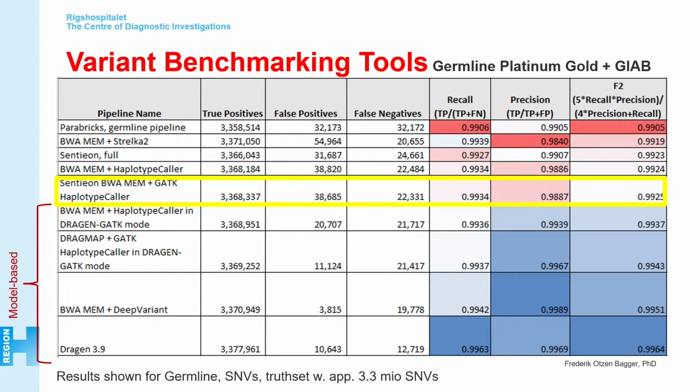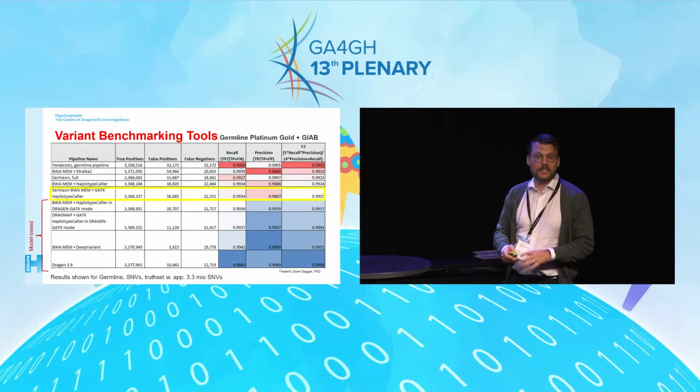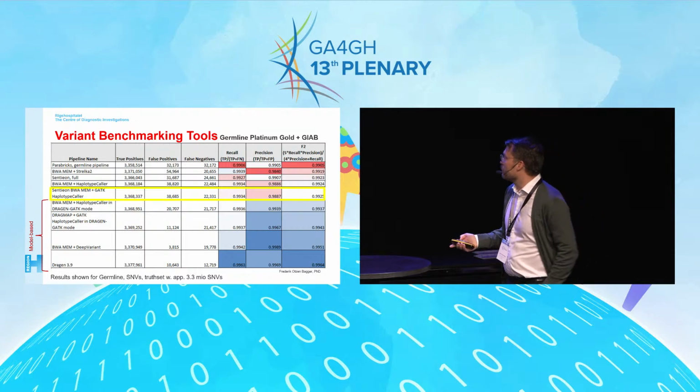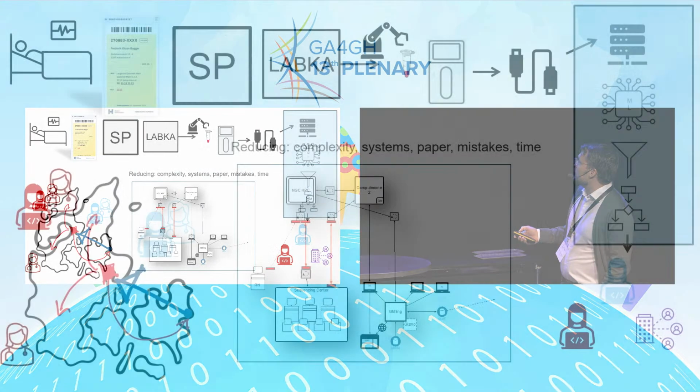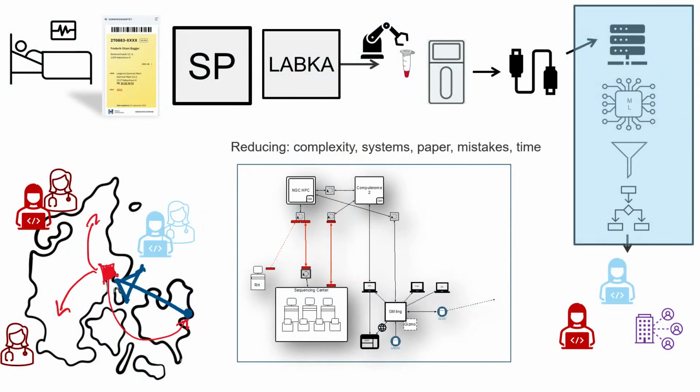So maybe there's also some work to be done on how to construct the truth sets that we are all using. Maybe we can find a way to standardize those in a way that not everyone overfits to the truth set, but just tests in a blinded manner. That would be great. So standards are also a thing that makes it possible for us to get the patient in with their health insurance card.